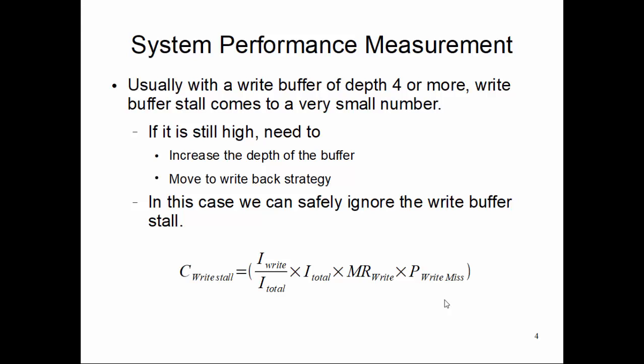If the stall is still high in a practical situation, what we need to do is either increase the depth of the buffer, or the depth of the queue in the memory model, or move to the write-back strategy. Now, if we assume that your buffer is efficient and the buffer stall due to buffer overflow is very small, then we can eliminate that, and your write stall becomes the same expression, except we don't add the cycles for the buffer stall here.